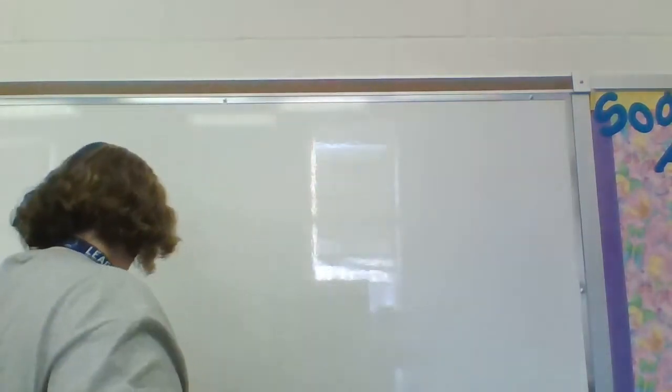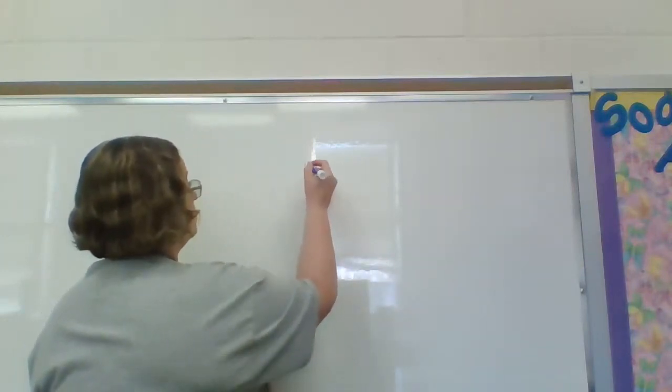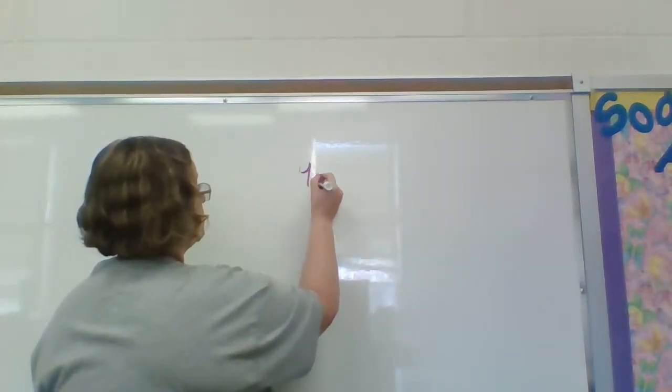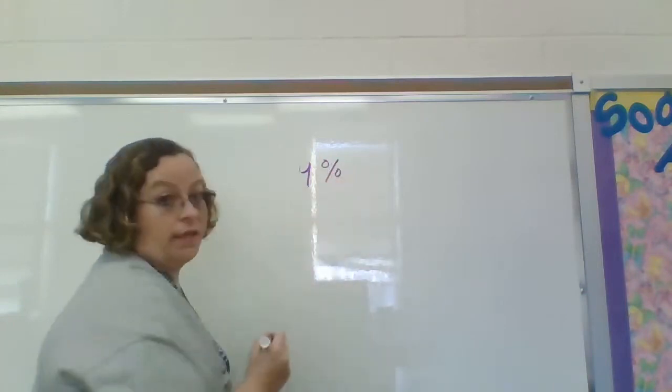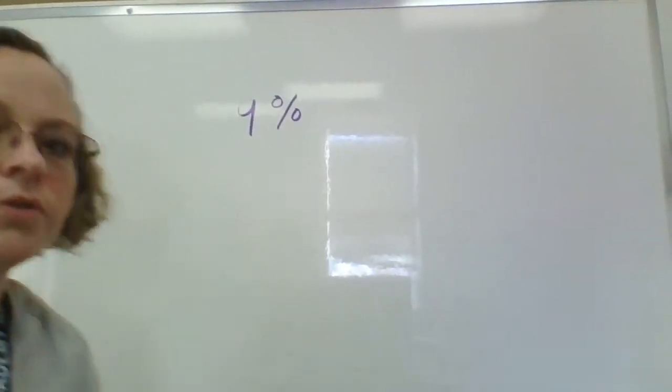So let's review how we take a percentage and convert it into a decimal so that we can figure out what the sales tax is. So here we go. If I tell you that something is 9%, I'm going to move it in a little closer.